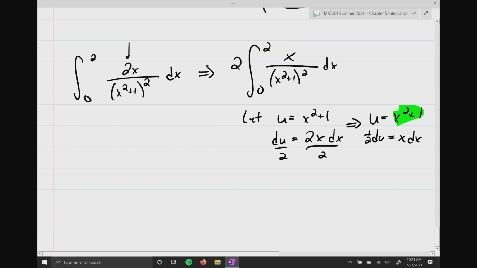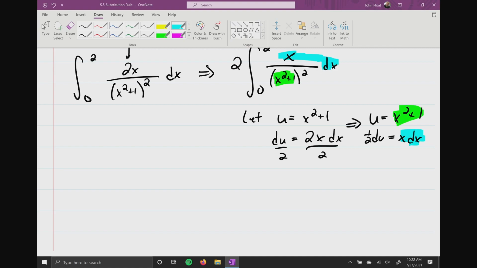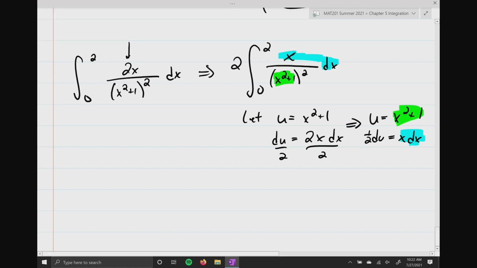X squared plus 1. Got it. X dx. X dx. Got it. So I know I'm going to use U substitution. So let me go ahead and rewrite. And then you're going to see something here. Okay? So I got a 2 out front. Integral of 1 over u to the 2nd multiplied by 1/2 du.